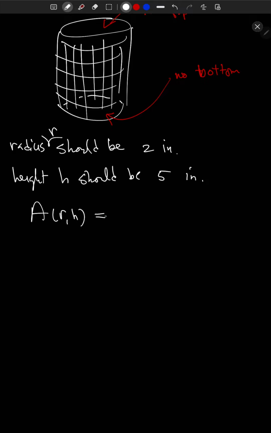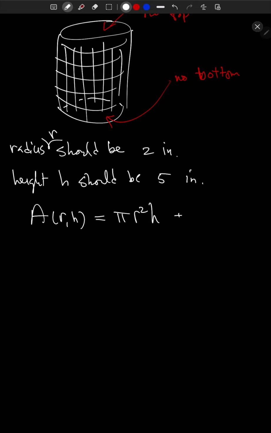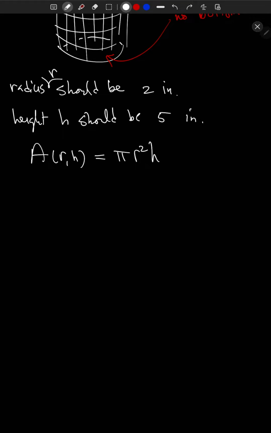And if you want to do the top and the bottom of the can, you just add the appropriate areas of the discs on top and the bottom. Okay, so that's going to be my area. So the thing is, in my manufacturing process, perhaps my machines aren't completely precise, right? There could be errors. Maybe it'll make the radius a little too small.